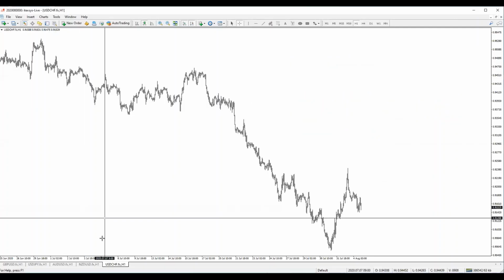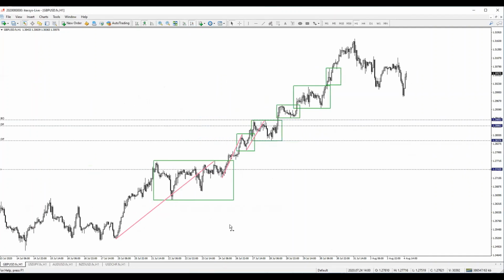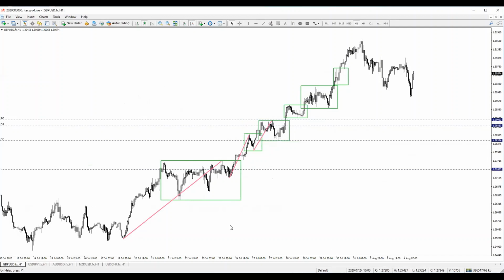All right, so here is Cable, H1 hourly, and here is how I mark flags on the last rally of H1 starting July 19th.